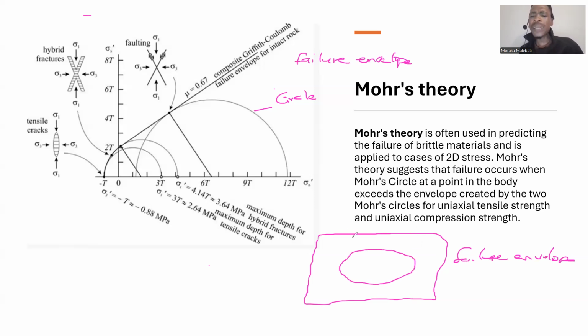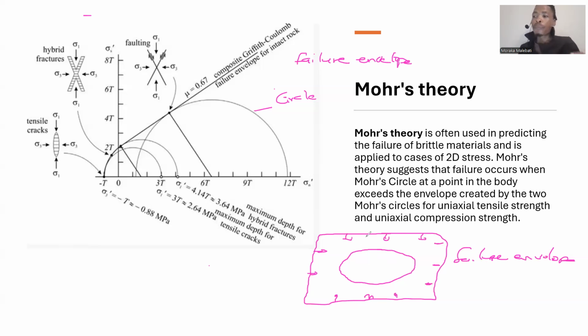But now I want you to imagine the failure envelope having needle kind of vibes. On the surface, I want you to imagine the needles over here.